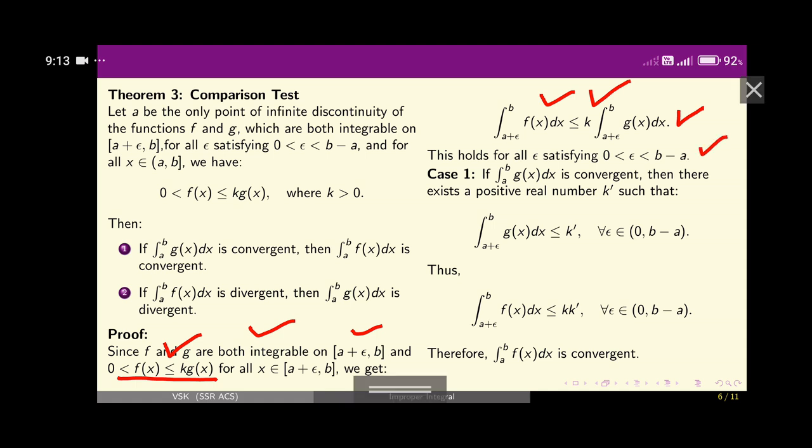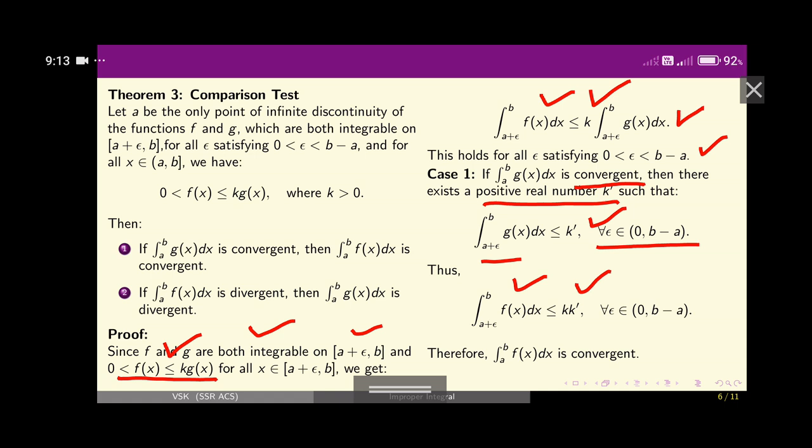Now let us see case 1. If the integral from a to b of g(x) dx is convergent, then there exists a positive real number k' such that the integral from a+ε to b of g(x) dx is less than or equal to k', because of the previous theorem, for all ε lying in (0, b−a). Thus, the integral from a+ε to b of f(x) dx will be less than or equal to k times k'.